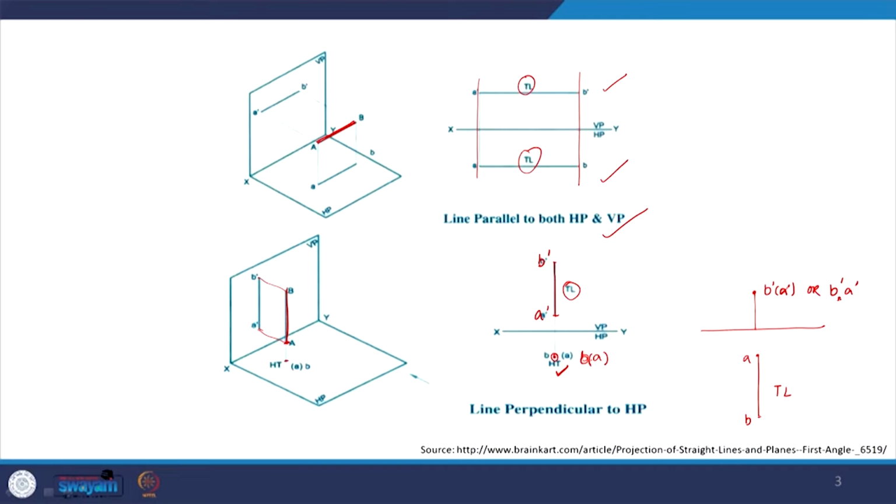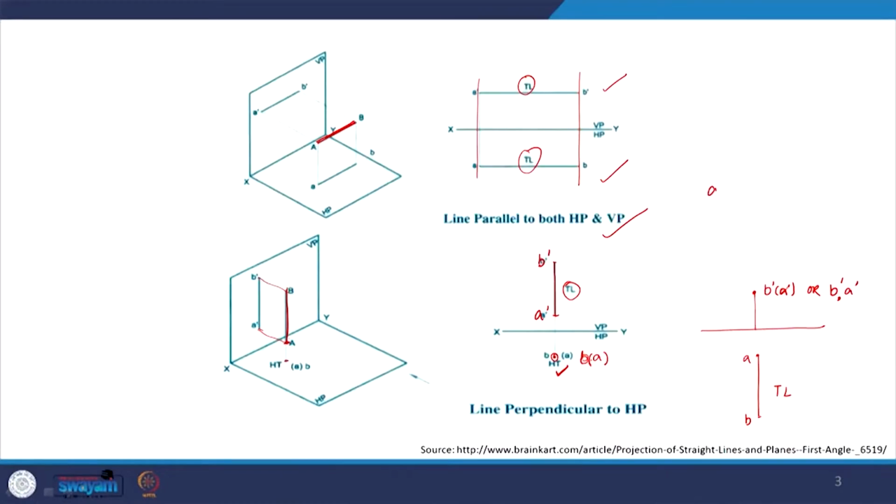The moment we place a comma between two points being represented, it means they are two distinct points. However, if we write A dash B dash, it implies it is one single line.